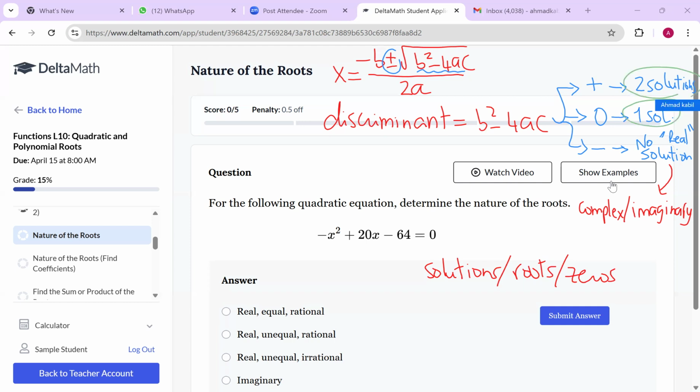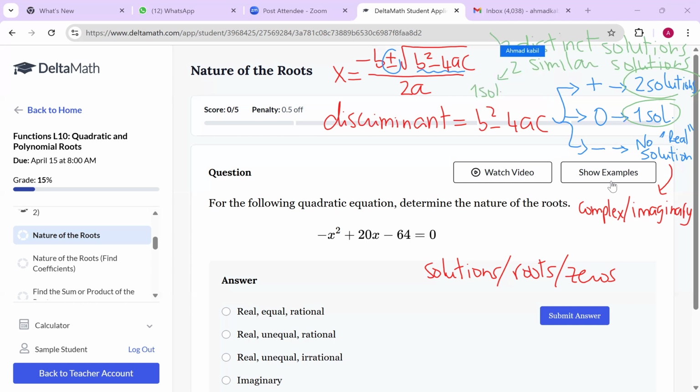So instead of saying two solutions and one solution, we can say two distinct solutions and two similar solutions. So two similar solutions means one solution.